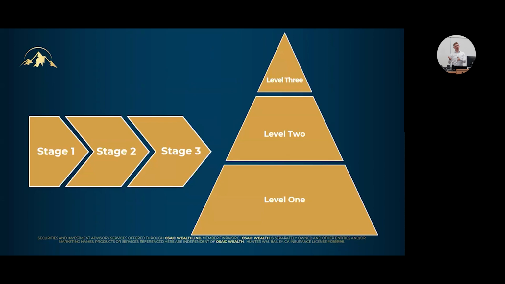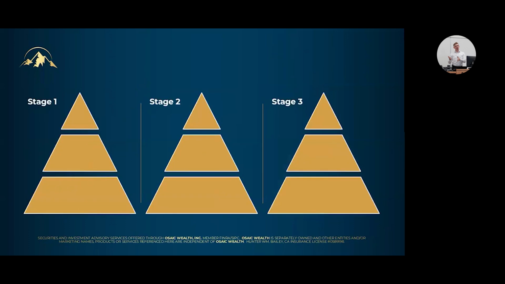As we move up, it gets more targeted and the positions get smaller. So just remember that visually, and that's how each stage is broken into these different sections. This is a visual representation of what the portfolio looks like if you're not thinking about the individual funds. You're going to have that diversification in each stage.